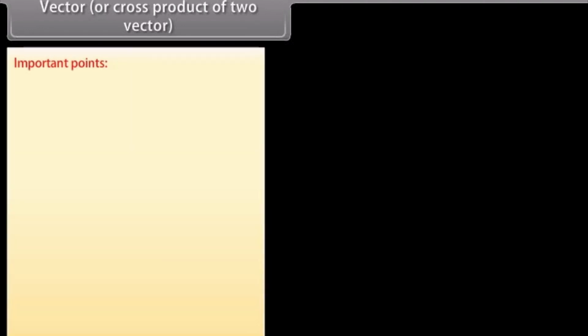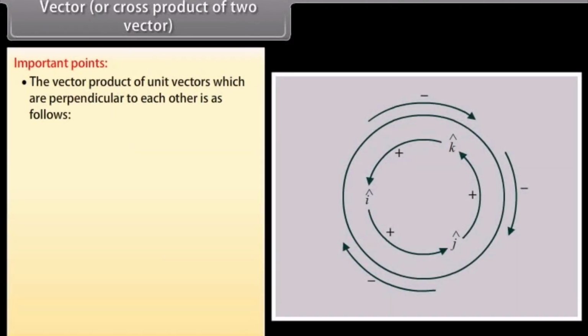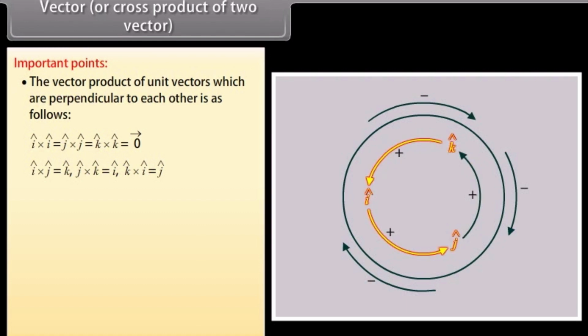Important points. Vector product of unit vectors which are perpendicular to each other is as follows. Cap i cross cap i equals cap j cross cap j equals cap k cross cap k equals vector 0. Cap i cross cap j equals cap k, cap j cross cap k equals cap i, cap k cross cap i equals cap j.